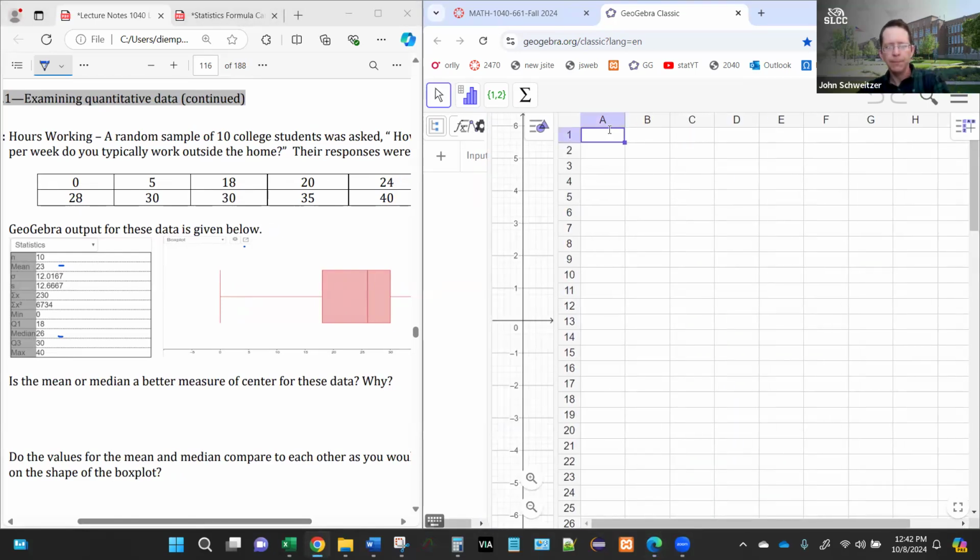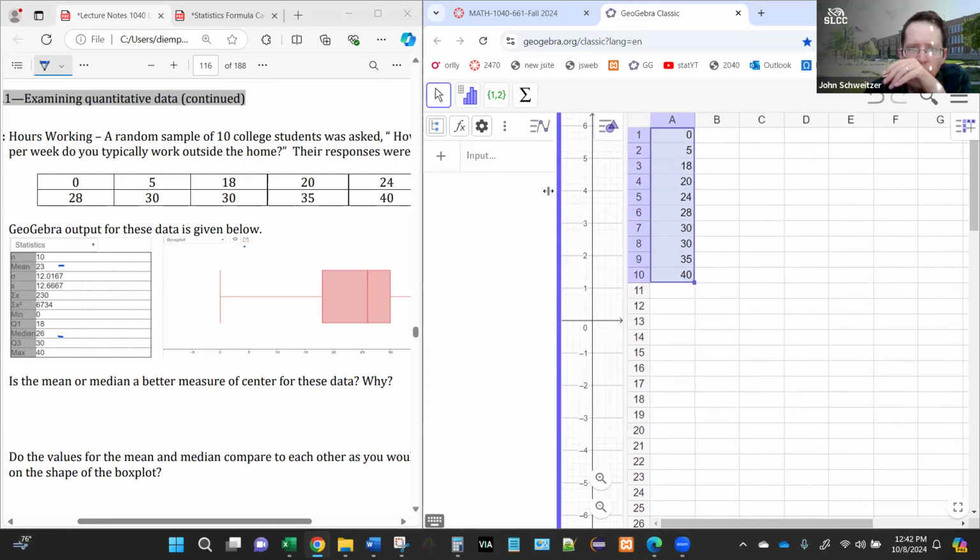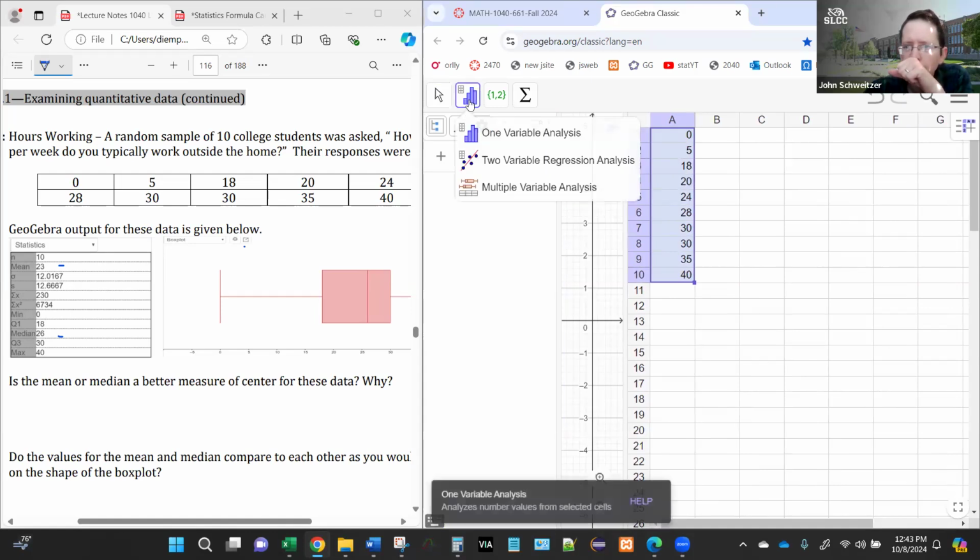And we'll put the data in. Okay, so there we go. Then to get the box plot and the statistics, we need to highlight the data.